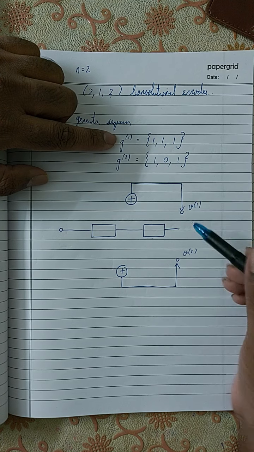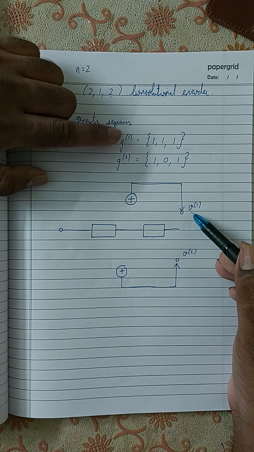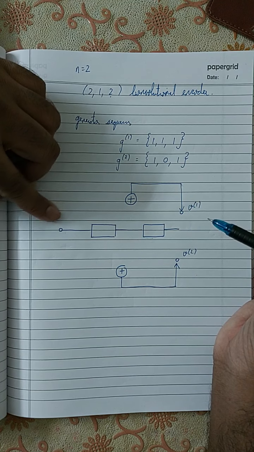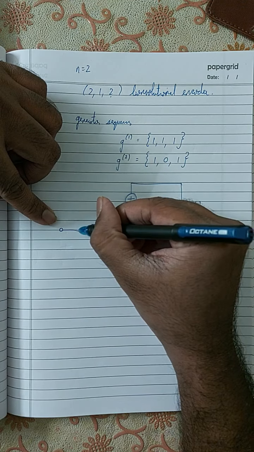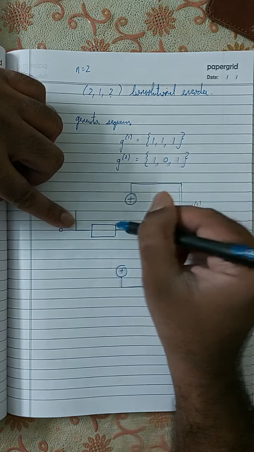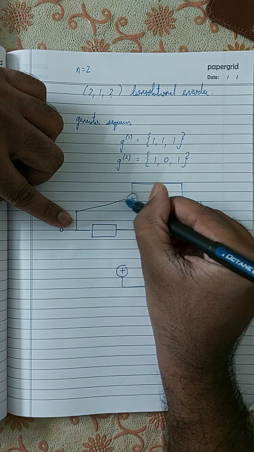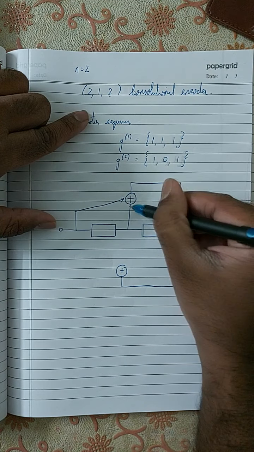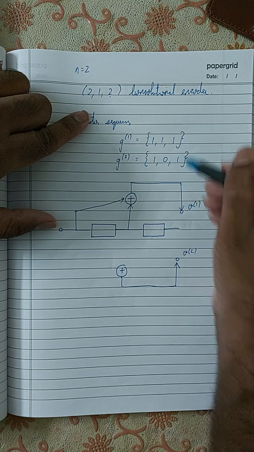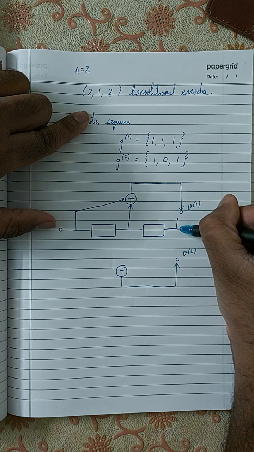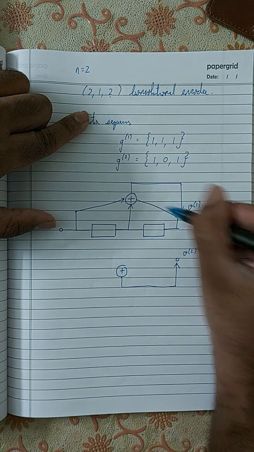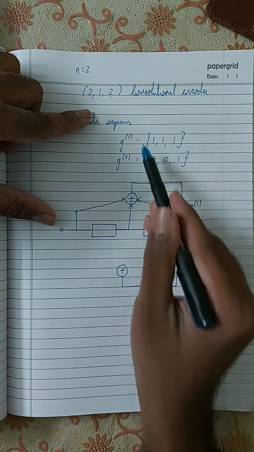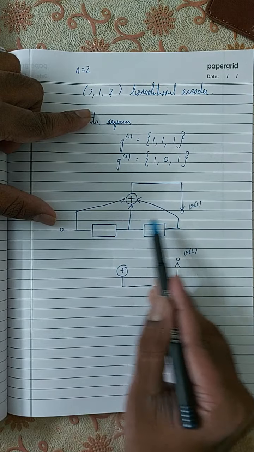G of 1 represents this output, and 1 1 1 means this one represents this connection, this one represents this connection, and this one represents this connection. This is the meaning of 1 1 1. G of 1 is equal to 1 1 1.